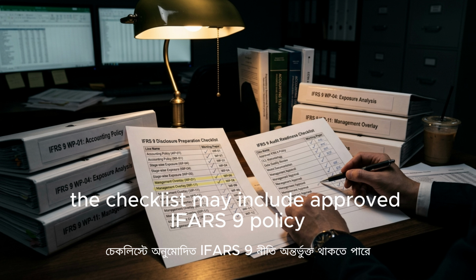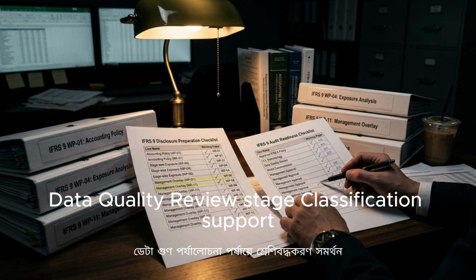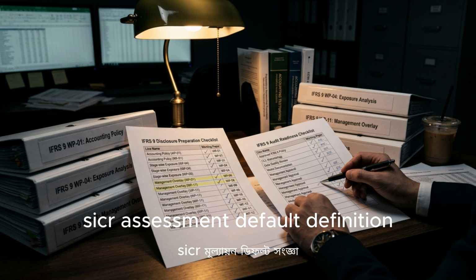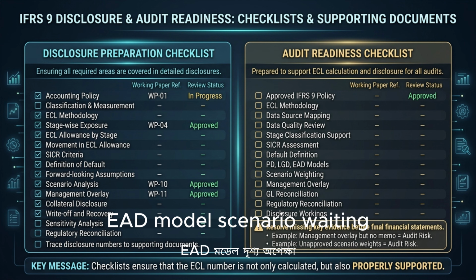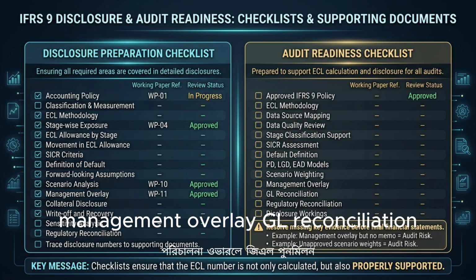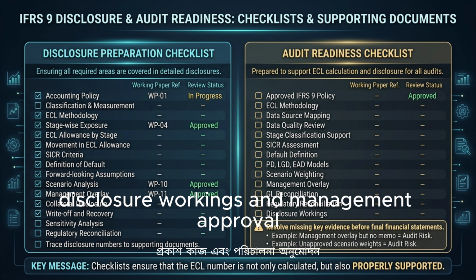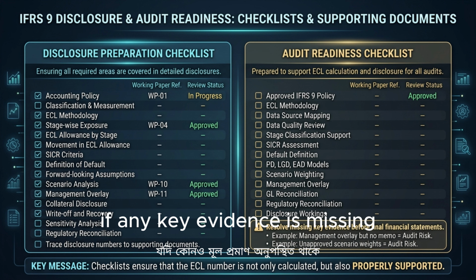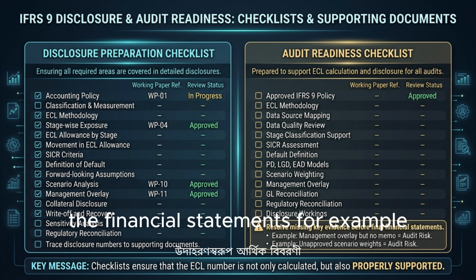The checklist may include approved IFRS 9 policy, ECL methodology, data source mapping, data quality review, stage classification support, SICR assessment, default definition, PD model, LGD model, EAD model, scenario weighting, management overlay, GL reconciliation, regulatory reconciliation, disclosure workings, and management approval. If any key evidence is missing, the bank should resolve it before finalizing the financial statements.